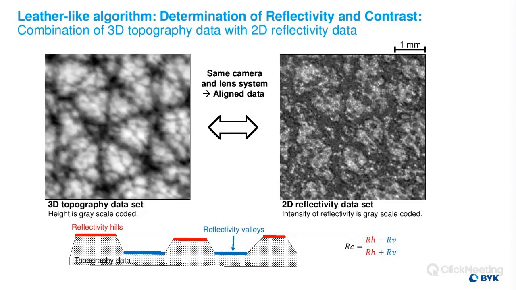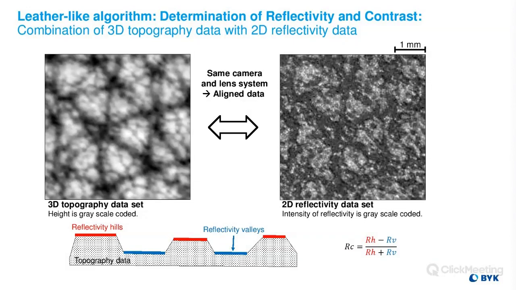This type of measurement actually combines the 3D topography data with the 2D reflectivity data. Remember that each of those is spatially resolved, so the topography and the reflectivity are measured pixel by pixel. And because those two things are measured with the same camera system, the instrument can overlay those two pictures.